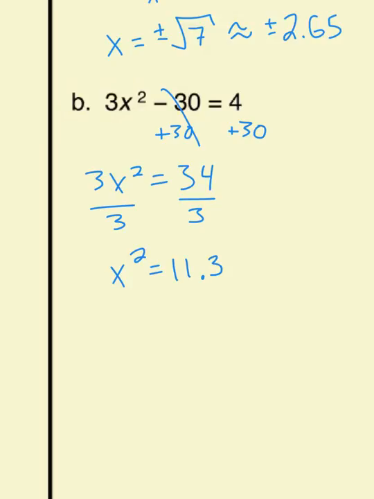If we're writing that as a decimal, it's 11.3 repeating, which means x is going to be the square root of 11.3 repeating. And if we enter that into our calculators, we get x equals positive or negative 3.37. X is positive or negative 3 and 37 hundredths.